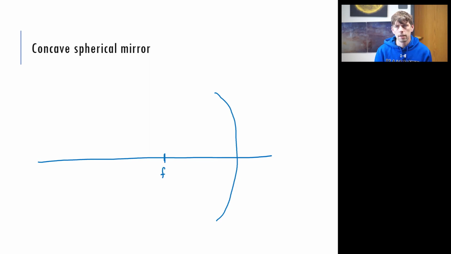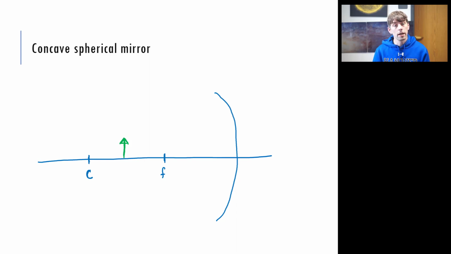And like I had in the previous example, I'll assume the center of curvature is twice as far away as the focal length. And for kicks, I'm going to put an object somewhere between the focal length and the center of curvature. Good?